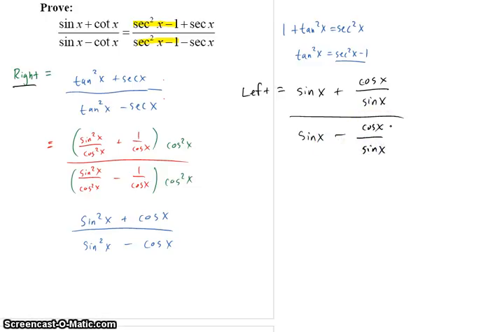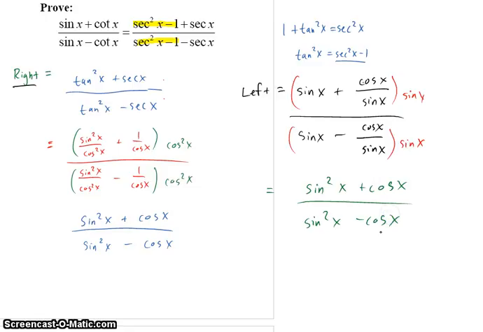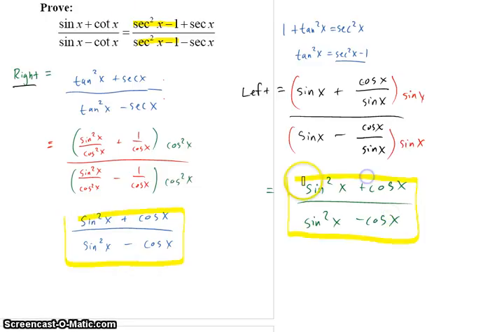Okay, I'm going to multiply through the top and the bottom by sine of x. All right, and so I get sine squared x plus cosine of x over sine squared of x minus cosine of x. And guess what? That's the same as what I've got. So the left equals the right, and I have proved it. Wow. Awesome.